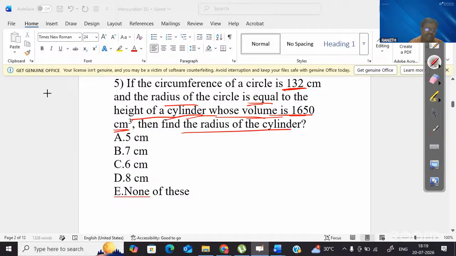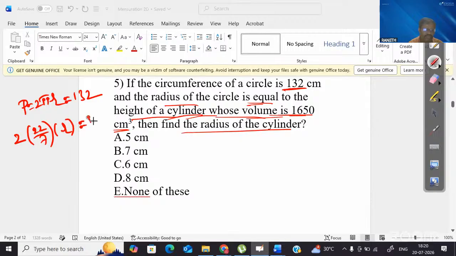The circumference of a circle is 2 pi r, so 2 pi r is equal to 132, where pi is 22 by 7. 22 into 2 is 44. 44 ones are 44, 44 threes are 132, so r equals 21.